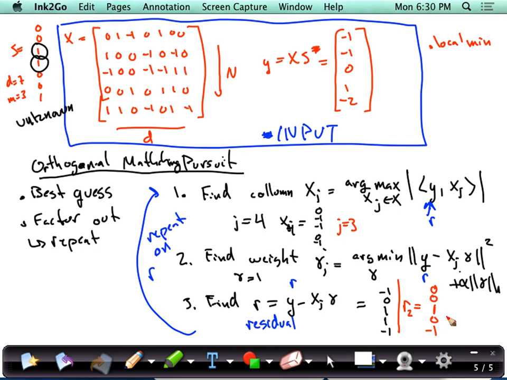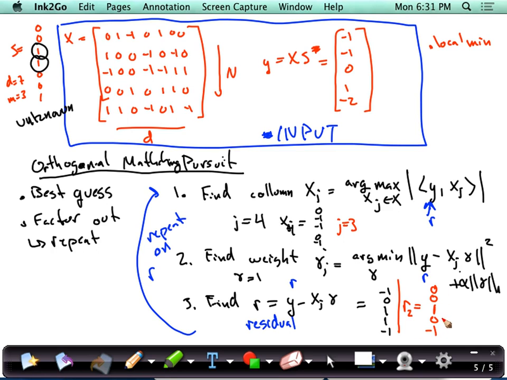Okay, so now after the second round, this residual has gotten smaller, right? I started here, and if I added up all these entries, I got 1, 2, 3, and 5. Maybe you square this. But this came from 5 things down to 4 things, and now I have 2 things left to explain.